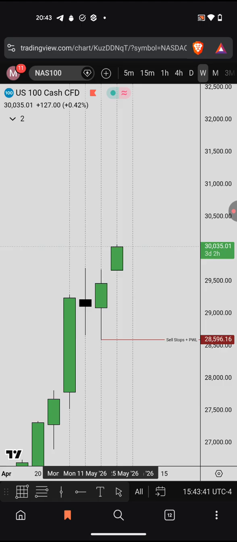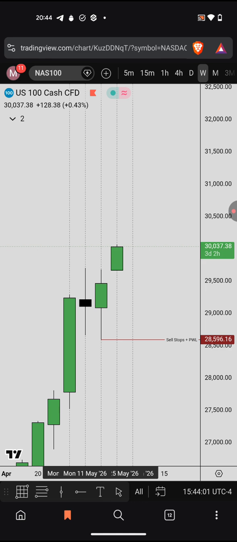So looking at my screen here, you're going to see that on the Nasdaq 100, which is US100 cash CFD, because I'm trading the CFD, not the futures. So this is the indices.